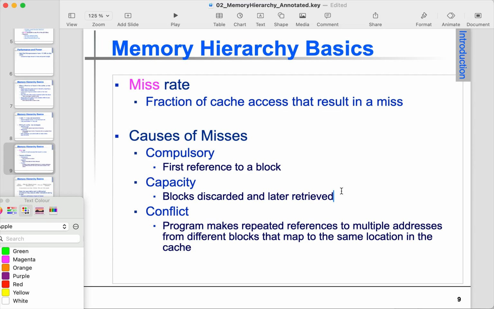Conflict: the program makes related references to multiple addresses from different blocks that would map to the same location. If they're mapping to the same location, that would be a conflict.